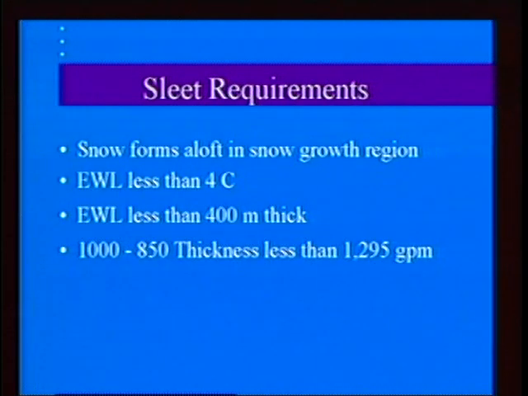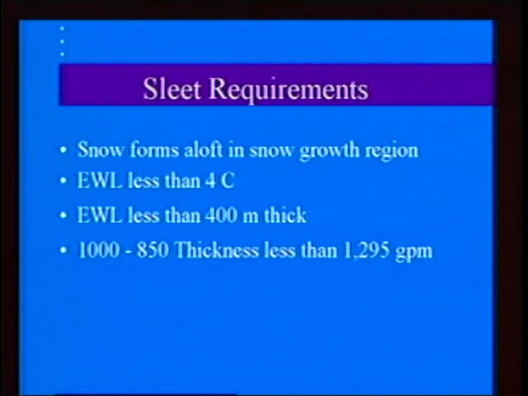Also, if the elevated warm layer is less than 400 meters thick, then usually just partial melting will occur and not complete melting. But if that thickness is greater than 400 meters, especially significantly greater, let's say like 800 meters, then that snow is going to completely melt.